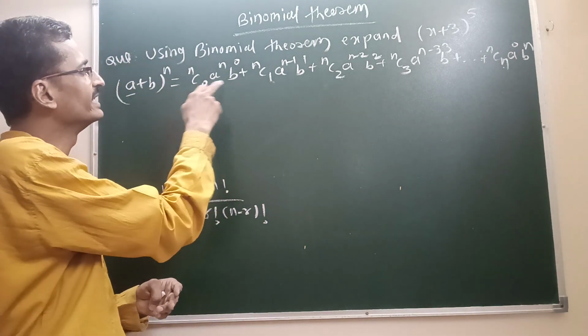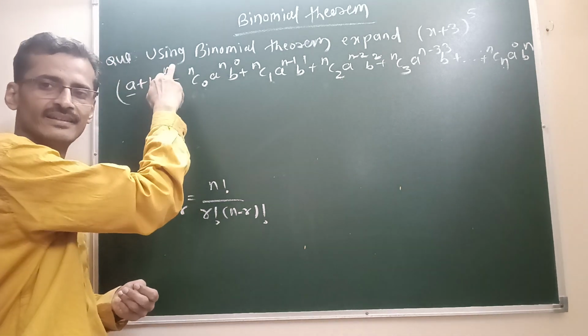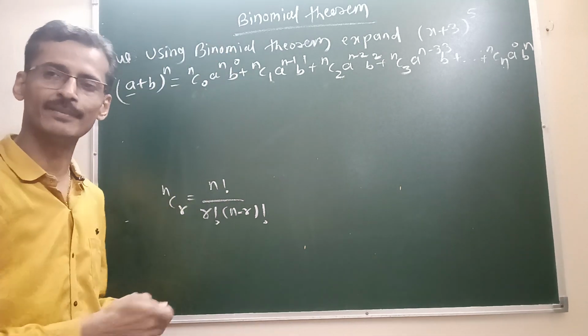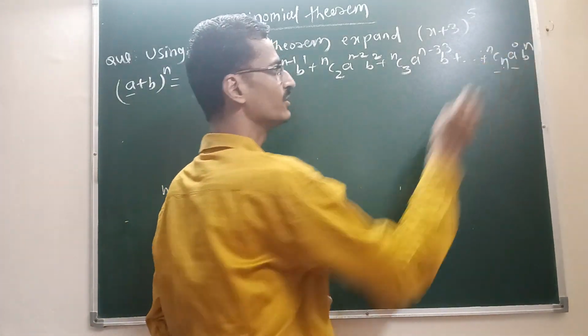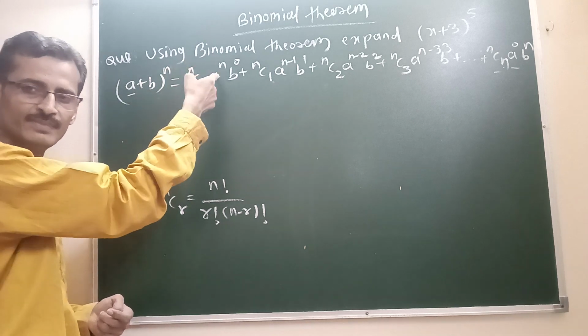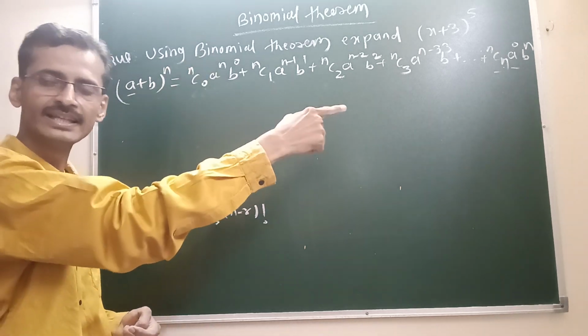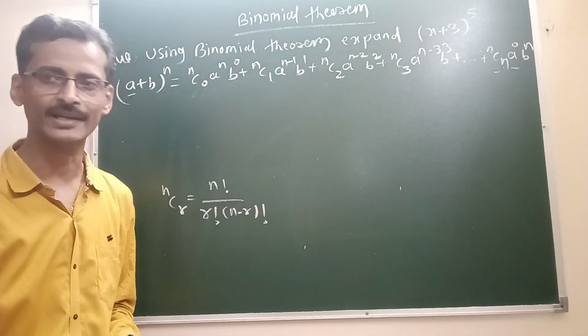So we get the first term a raised to n, like in (a + b) square, (a + b) cube. And the last term is b raised to n. So the first term is a raised to n, the last term is b raised to n, then a will decrease and b will increase. So this is our binomial theorem.